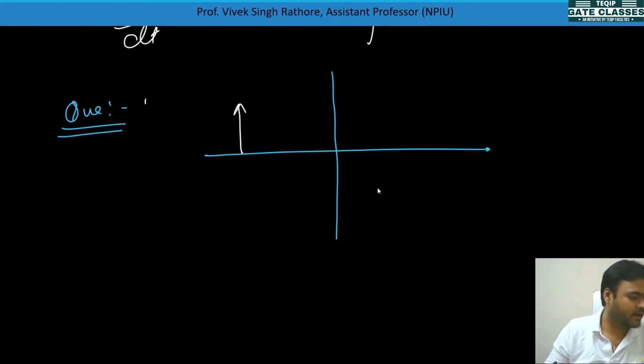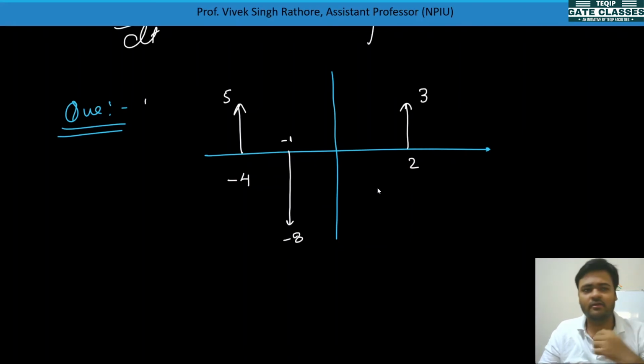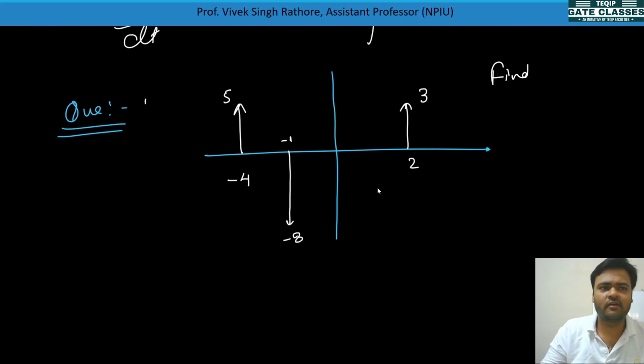Let at t is equal to -4, the value is 5. And at t is equal to -1, the value is -8. And at t is equal to 2, the value is 3. You have to find the integral of the signal.